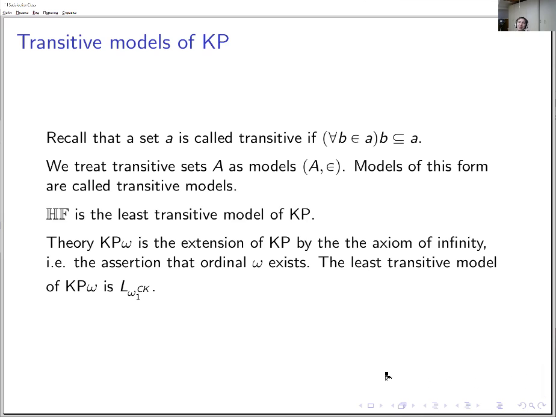This is how you show that L omega 1 Church-Kleene is a model of KP omega. There are some details to this, but basically this is the idea. Using a failure of collection in L omega 1 Church-Kleene, you cook up the sigma 1 definition of the set of all recursive well-orderings.